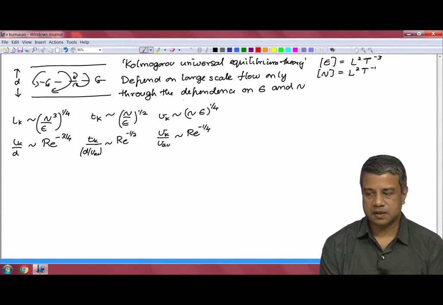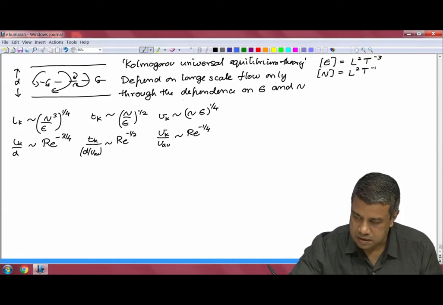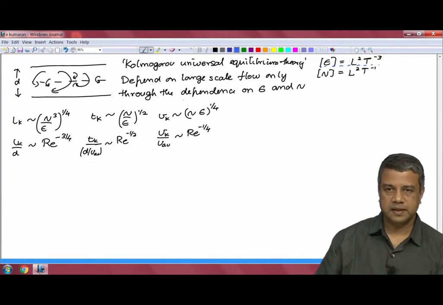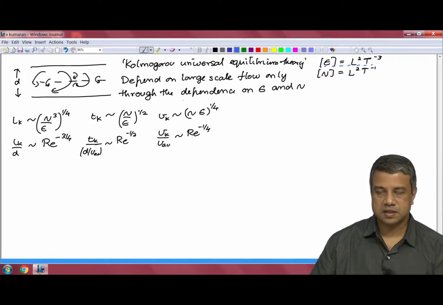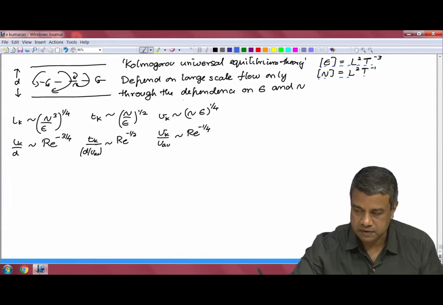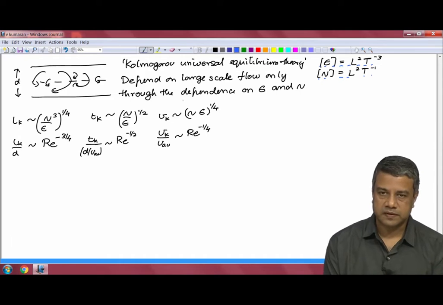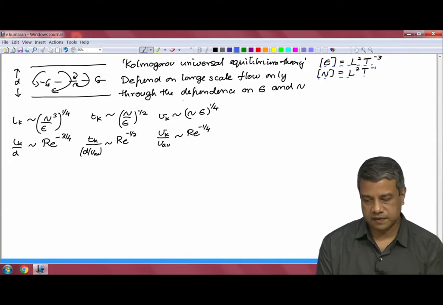So, it has to depend upon the energy dissipation rate per unit mass, with dimension length squared T to the power minus 3, and it has to depend upon the mechanism of dissipation, which is the kinematic viscosity, with dimension length squared T inverse, or the momentum diffusivity, because this is what results in the dissipation of energy.